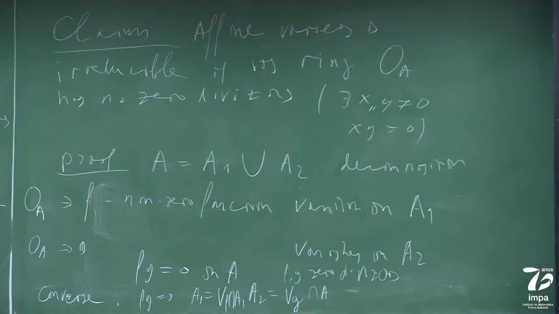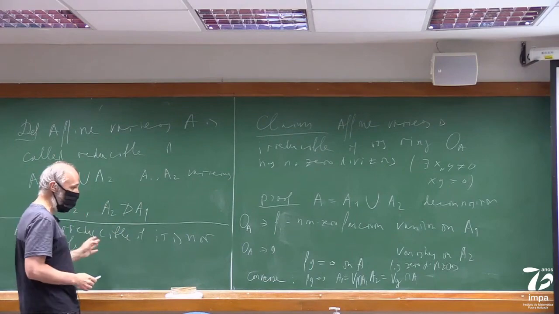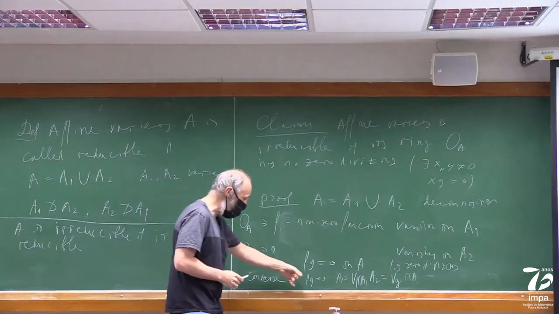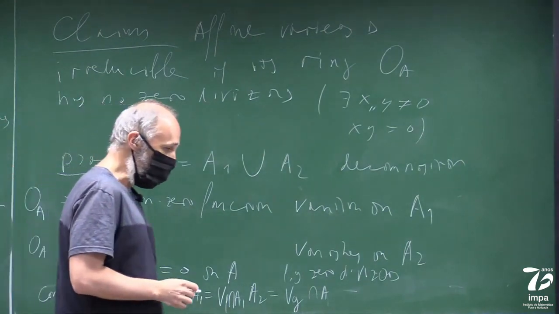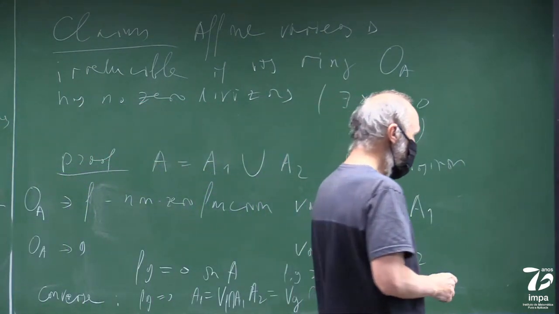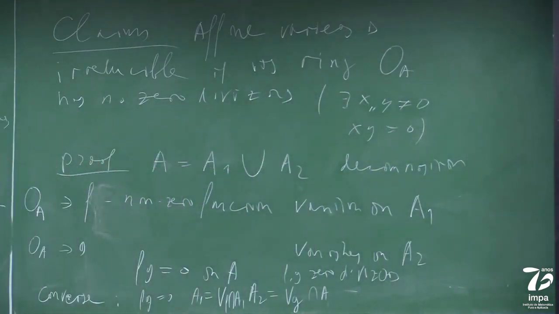We can't have A1 contained in A2 or A2 contained in A1, because f and g are nonzero. This means that if there are zero divisors, the space is not irreducible, and if it is not irreducible, there are zero divisors.